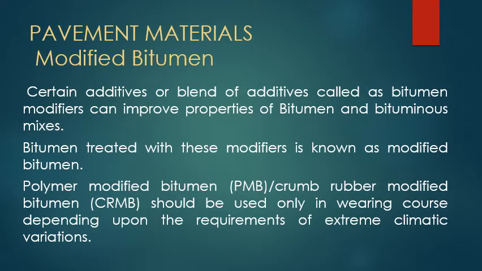The selection of modifiers depends on the user or the company, or when the client is giving certain conditions that should fulfill these criteria. To fulfill those criteria, depending on the climatic condition and other factors, you will select the modified bitumen which needs to be used for that particular road.